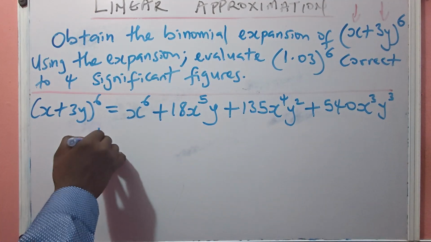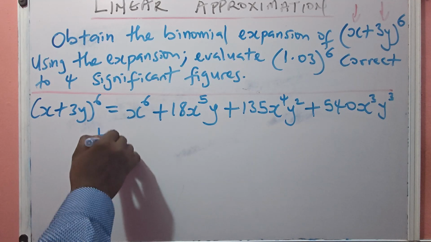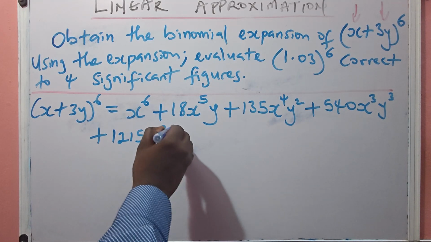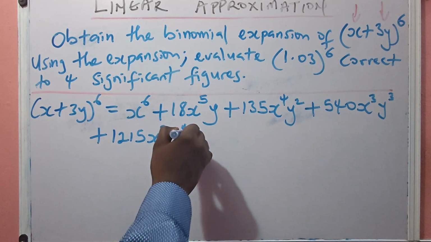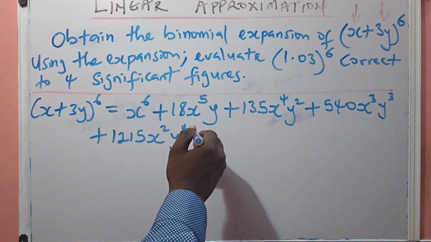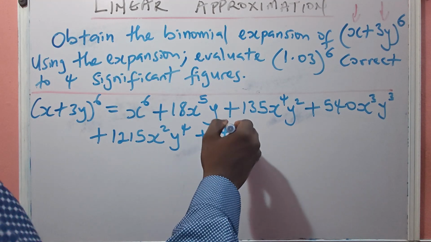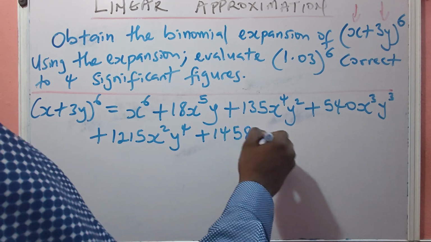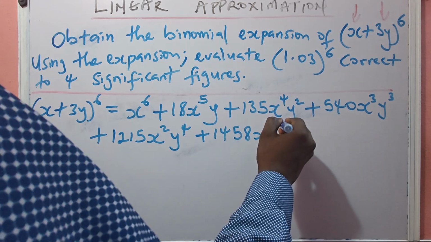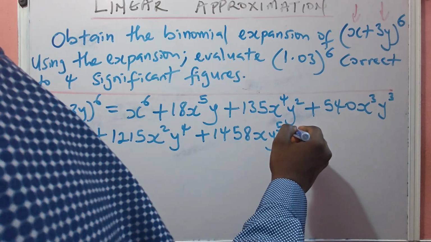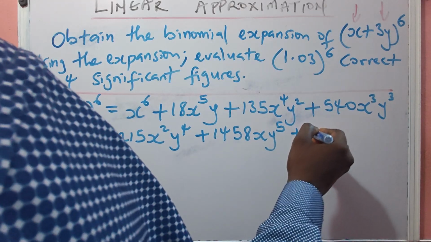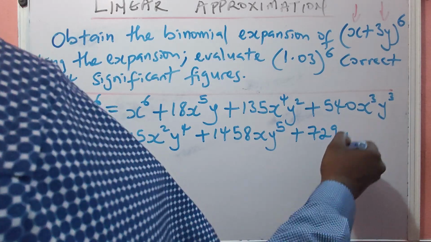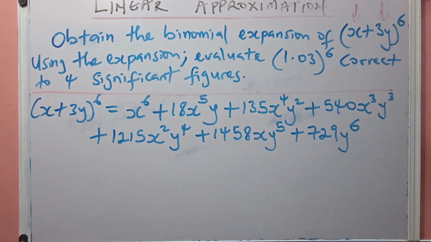Then we have plus 1215 x raised to power 2 y raised to power 4. And then we have plus 1458 x y raised to power 5. And we have plus 729 y raised to the power 6.